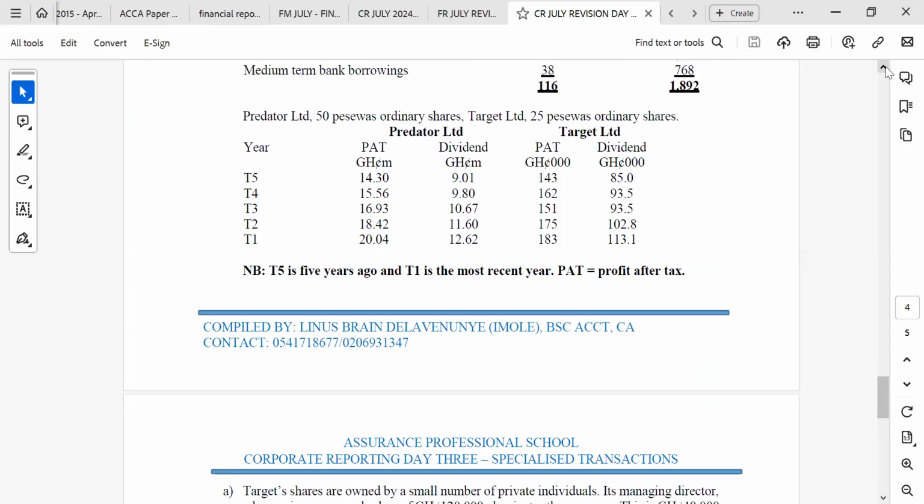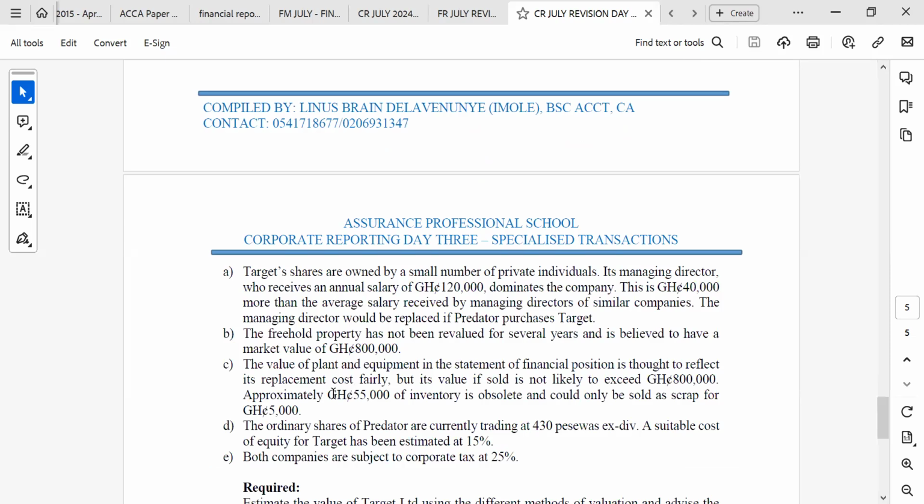So for the target company, what is their recent profit after tax? 183. Okay, something is supposed to affect that 183. The obsolete inventory, the reduction in the inventory, is it a profit or loss item?